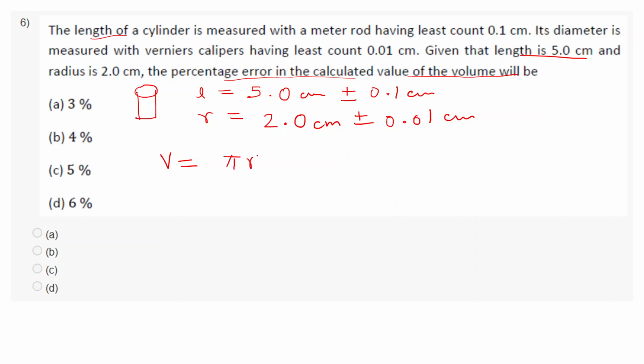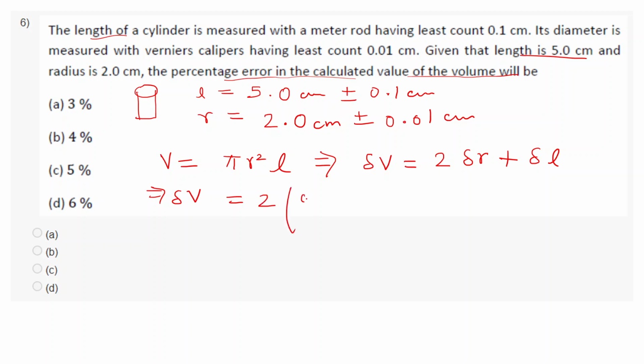That is pi r square times L. So the percentage error in volume will be, again pi is a constant, so we're left with 2 times the percentage error in radius plus the percentage error in length. That is 2 times 0.01 divided by 2.0 multiplied by 100, plus 0.1 divided by 5.0 multiplied by 100.